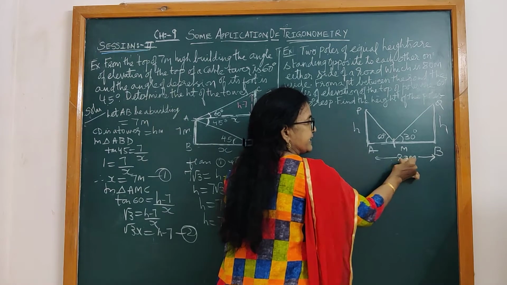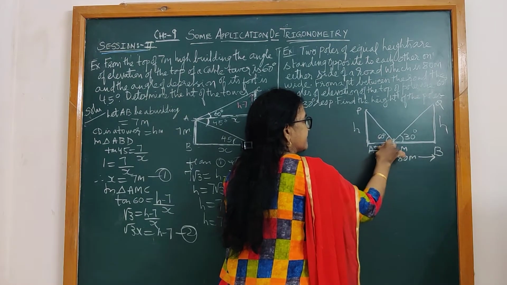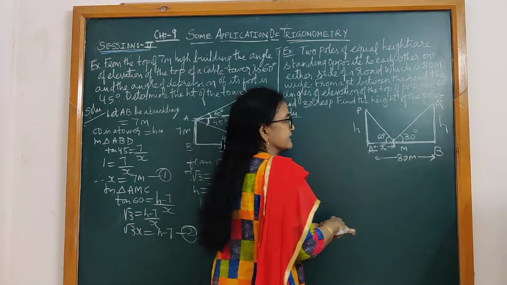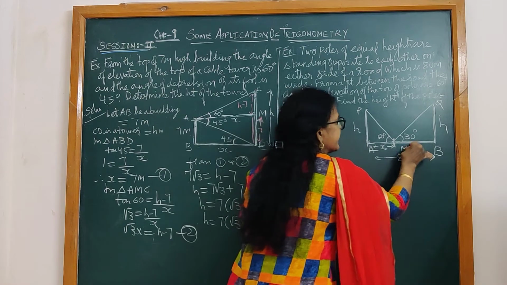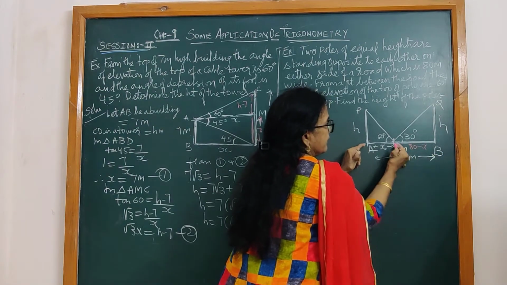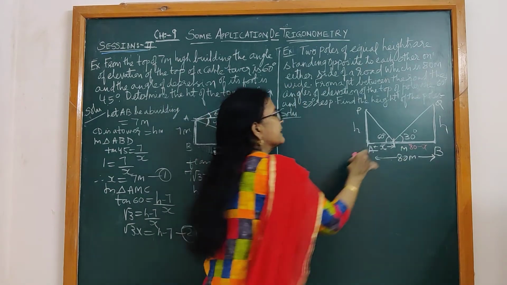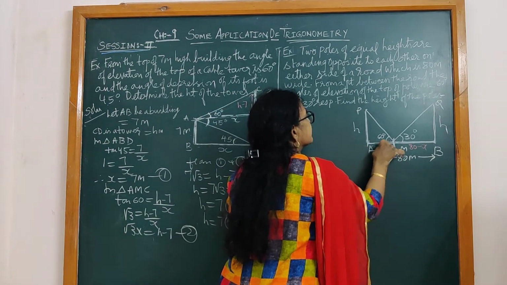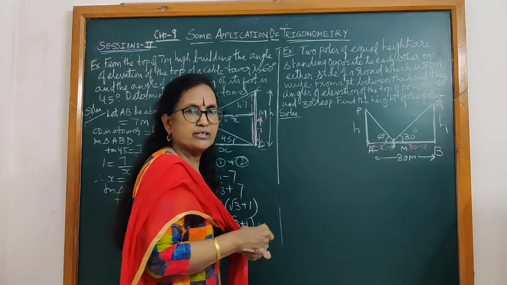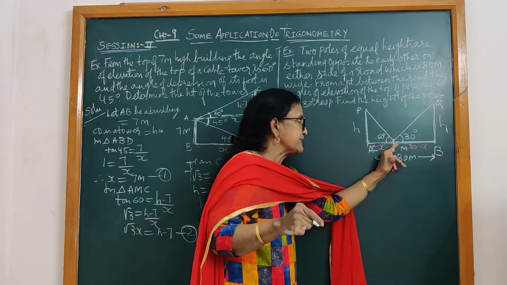So this is 80. If I take this distance as x, the other distance will become 80 minus x. From the whole, you will minus this. So it will become 80 minus x, and this distance is your x. So understood? 40, 40 you don't make it because it is not a midpoint, it is in between.